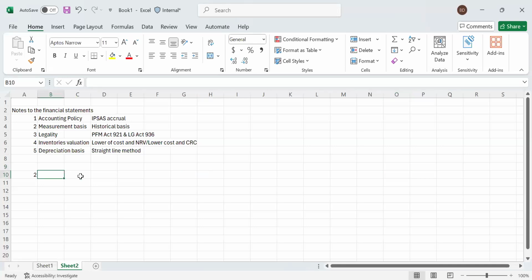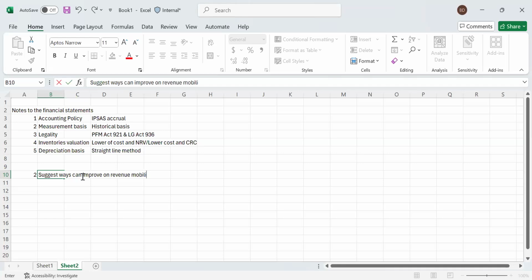You may be asked to suggest ways in which the MMDA can raise revenue or improve on revenue mobilization. Great. This one we'll do together.